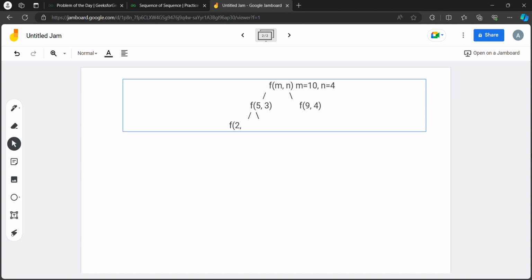If we do not go with this, then we go with 5 minus 1, meaning 4, and in that case the size will be 3. And then for 9 comma 4.